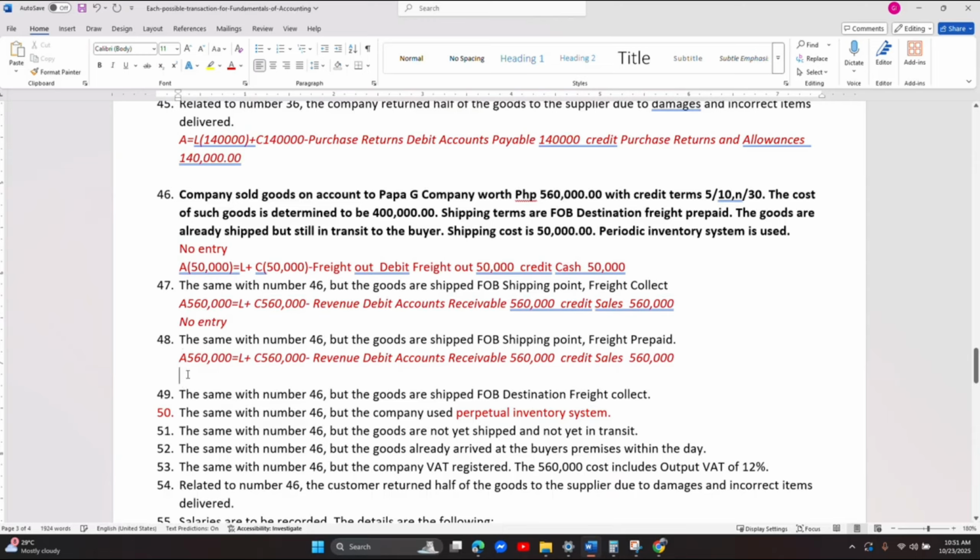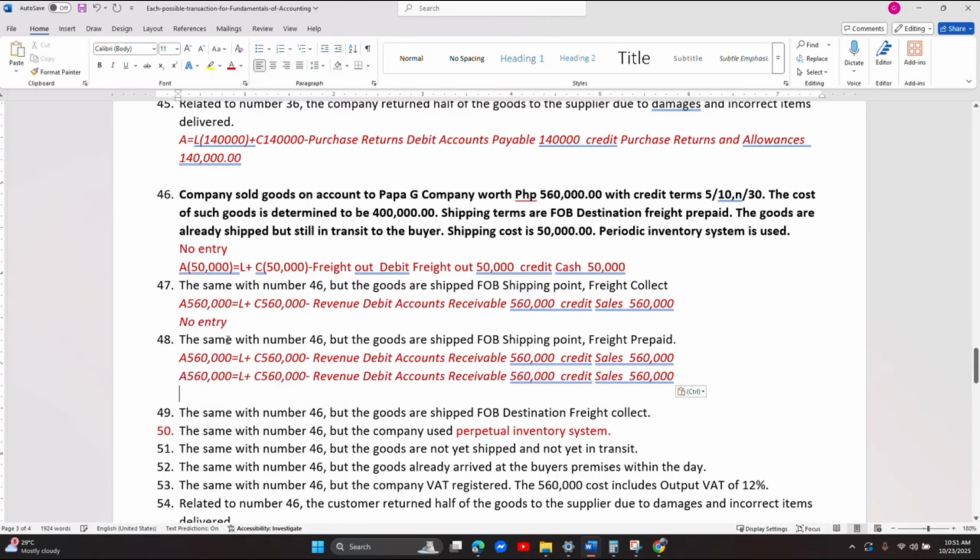In this case, we will have an entry because although the one who should be paying the shipping cost of 50,000 is the buyer, we actually paid for it. Freight prepaid, meaning the seller paid for the freight. So what will happen is that your cash will be decreased by 50,000 because you actually paid for the freight.